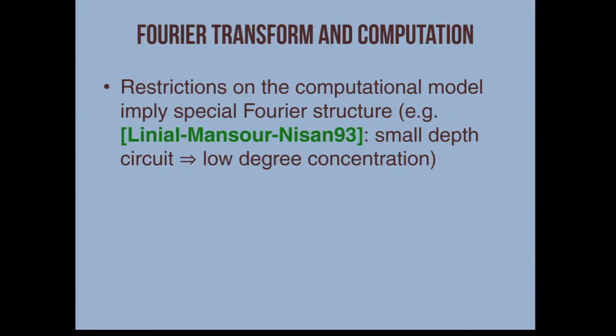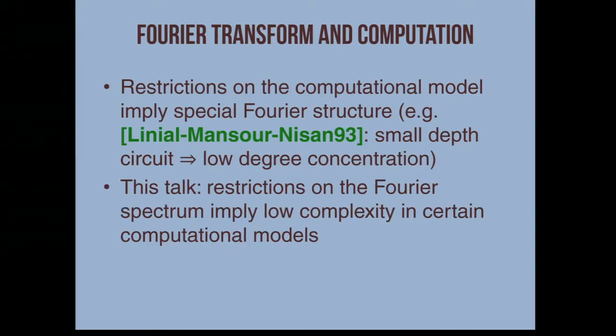In this talk, we go in the opposite direction. We assume restrictions on the Fourier spectrum of the function, and then ask what that says about the complexity of the function in certain computation models. I'm going to define what restrictions I make on the Fourier spectrum and which computation models I'm considering over the next few slides.